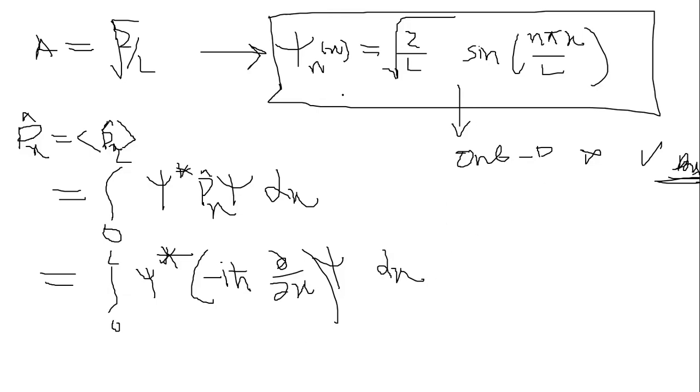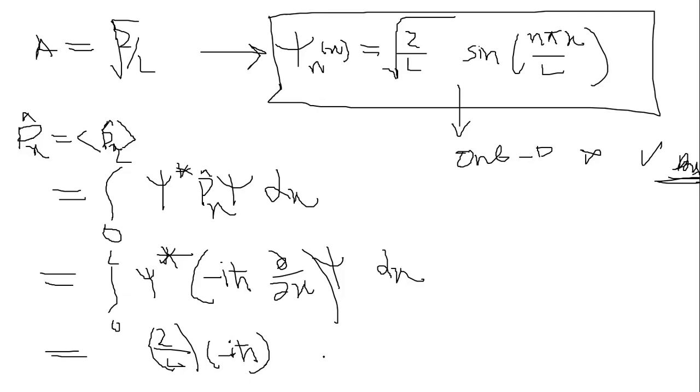So here psi is sin n pi x by L. When we take the derivative with respect to x, it will be cos n pi x by L into n pi by L. And again 2 by L will be there, because one root 2 by L comes from psi star and another root 2 by L comes from this psi. So it will be 2 by L, and minus i h cross will be there because it is present in the operator.